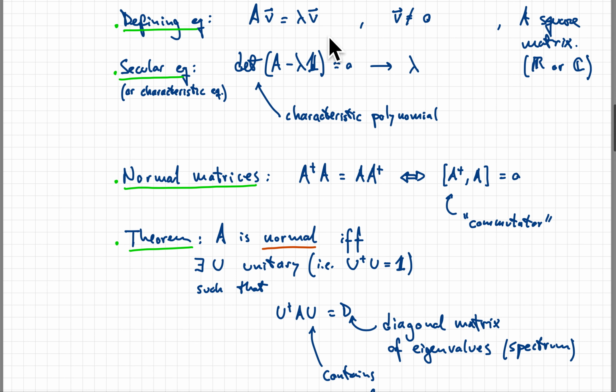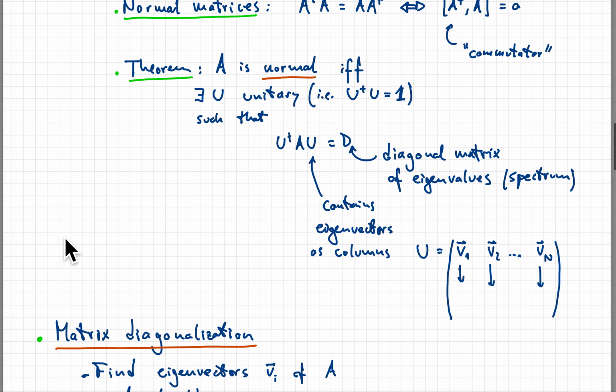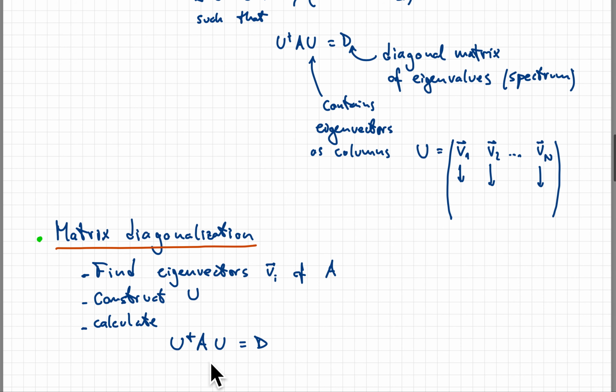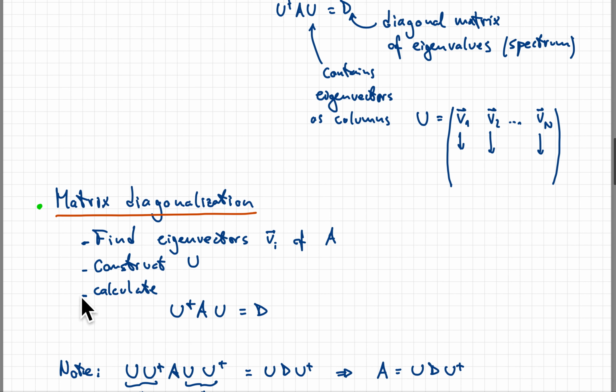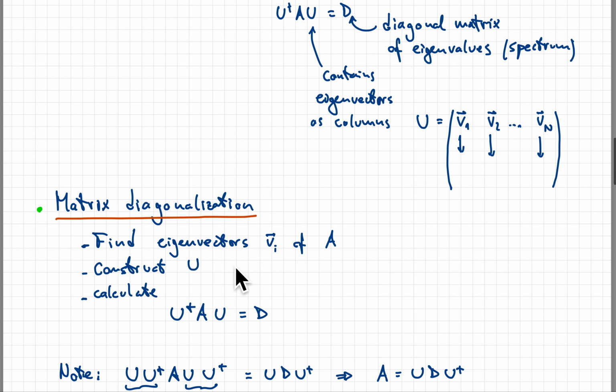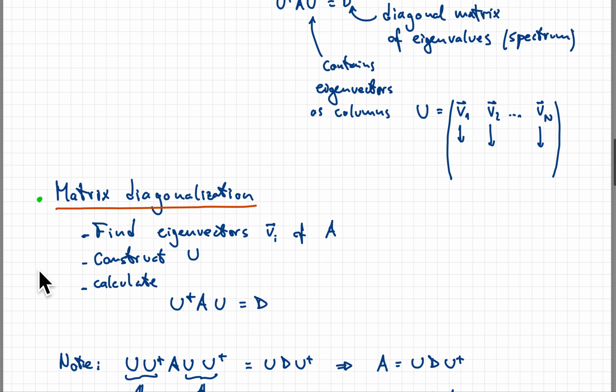And then you insert the eigenvalues here and you solve for the eigenvectors. So in reality, you never really do this in practice in this way. You don't access the matrix D of diagonal elements that are the eigenvalues in this fashion. You really just calculate the eigenvalues separately. But this operation is what one might call matrix diagonalization.